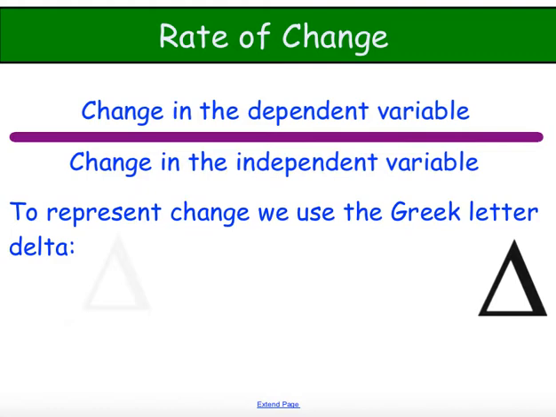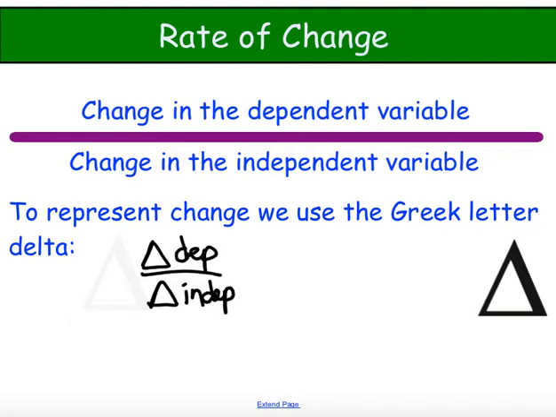Now let's try a couple in the thought of rate of change. So we are going to look at the change in the dependent variable over the change in the independent variable. And we use delta to represent this. So another way you might see it is delta of, so change of the dependent over delta independent.